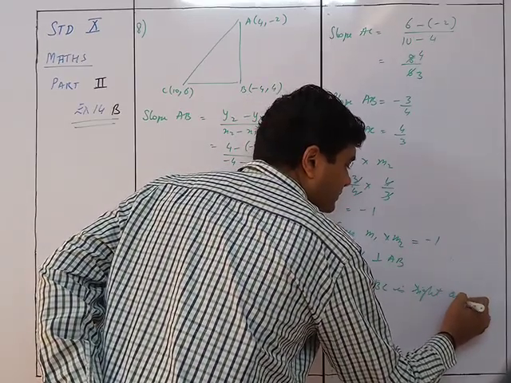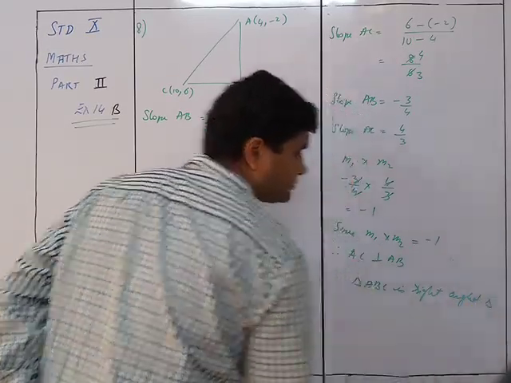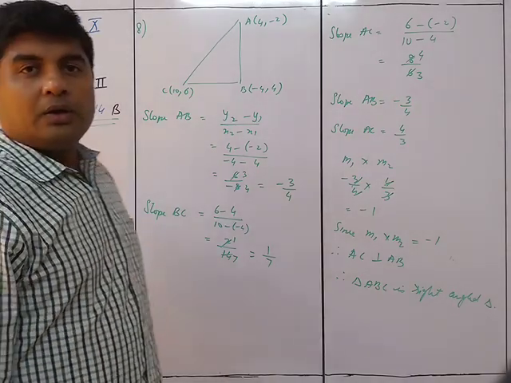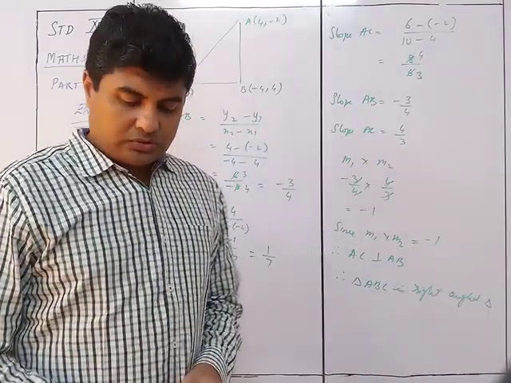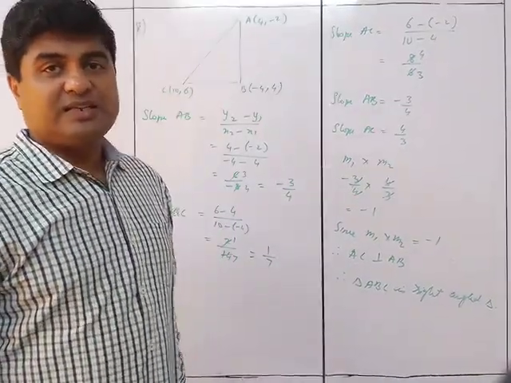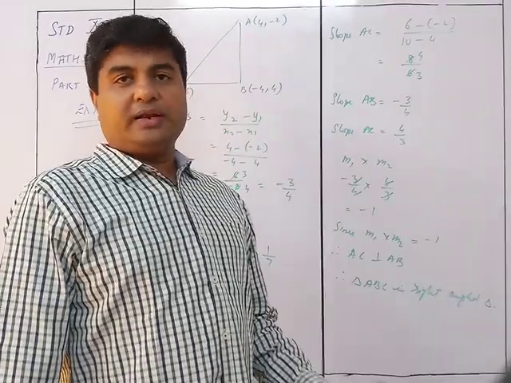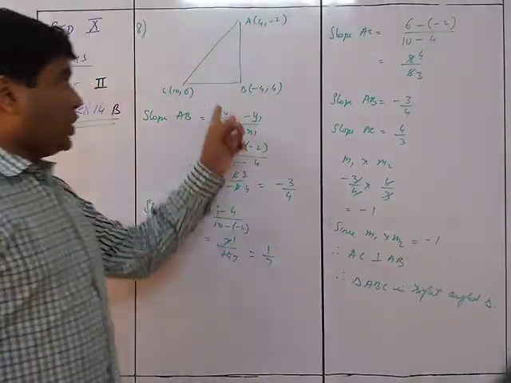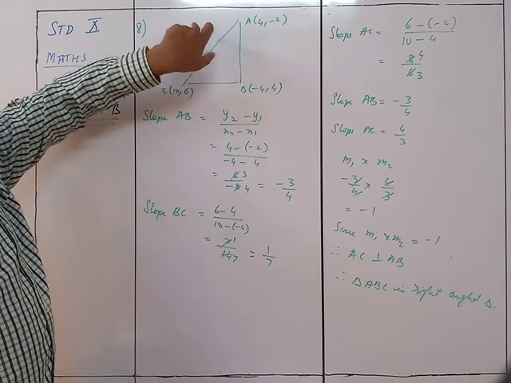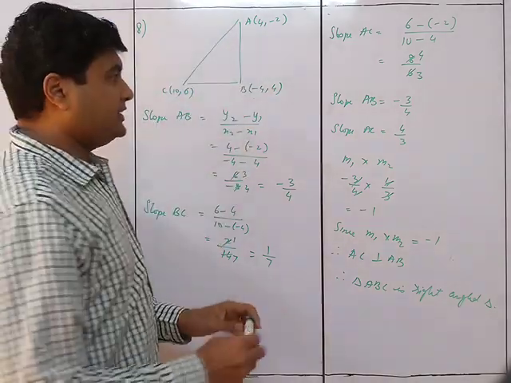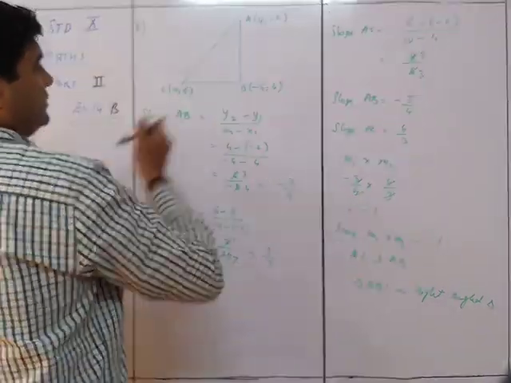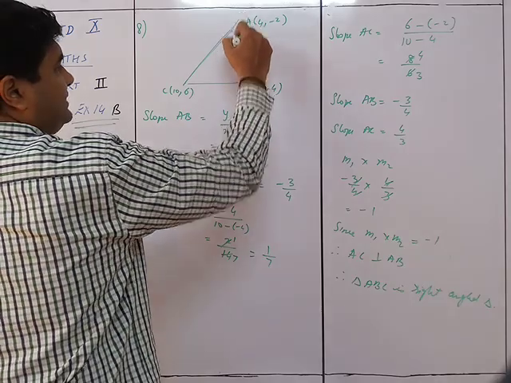Got it? So without finding the distances and using the Pythagoras theorem, we just came to know by the slopes that AB and AC were perpendicular.